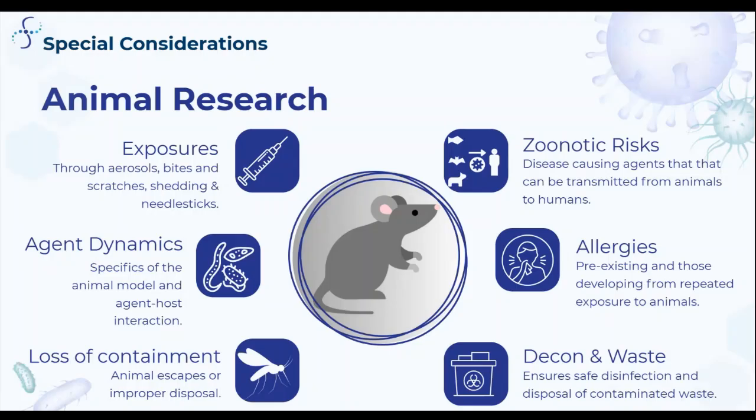This underscores the importance of secure housing and handling practices. Lastly, proper decontamination procedures and hazardous waste management are critical. Animal carcasses, soiled bedding, and sharps require careful handling to prevent exposure and ensure regulatory compliance. Together, these factors form a complex but manageable risk profile, if assessed thoroughly and controlled appropriately.